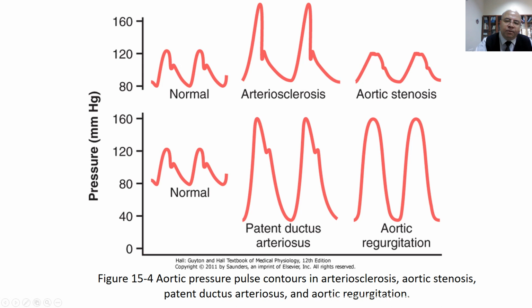And there is another example here. It is called patent ductus arteriosus. We will deal with these diseases in another lecture, but let me say a few words about this disease. There is a ductus between the pulmonary artery and aorta, open in intrauterine life in the embryo.